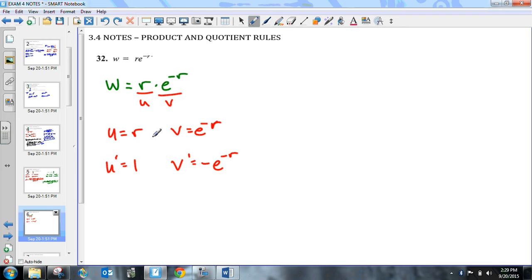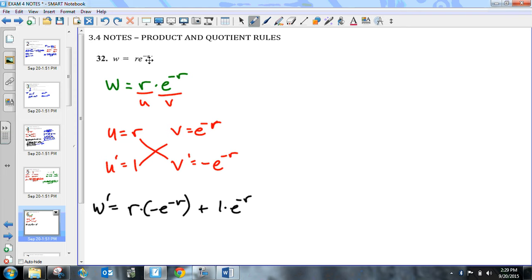I'm going to do u times v prime, and then v times u prime, cross multiply and add. So w prime equals r times negative e to the negative r plus 1 times e to the negative r.